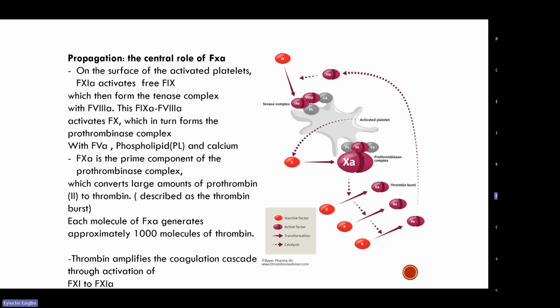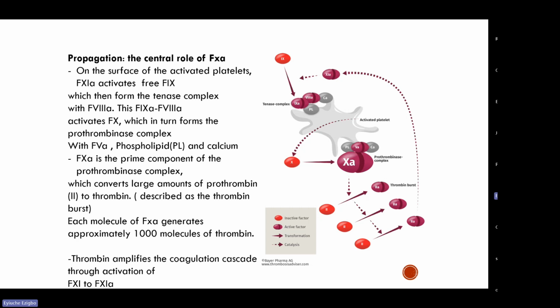You can see those reactions here, which convert large amounts of prothrombin to thrombin, described as the thrombin burst. So at this stage large amounts of prothrombin are converted to thrombin, generating large amounts of thrombin.